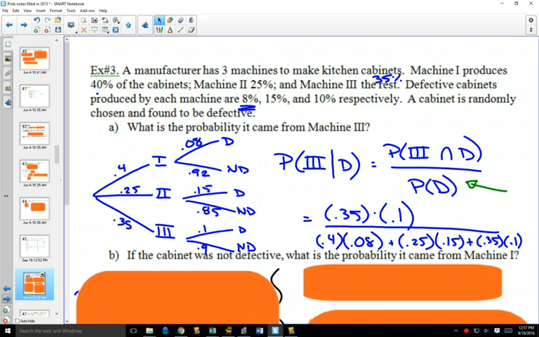So machine 3 and defective on the top, that's just 0.35 times 0.1. Probability of getting something defective, can you see in your tree diagram that there's 3 different branches that will give a defective one, either through machine 1, machine 2, or machine 3?